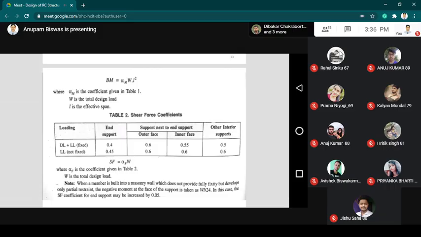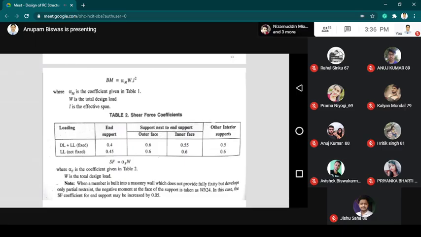Now the next table is shown with the shear force coefficients. For the loading criteria, dead load plus live load, we have three conditions. One is the end support condition, one is the support next to the end support condition, which is again subdivided into outer face and inner face, and the next is the interior support, meaning the support that is neither the end support nor the support next to the end support.